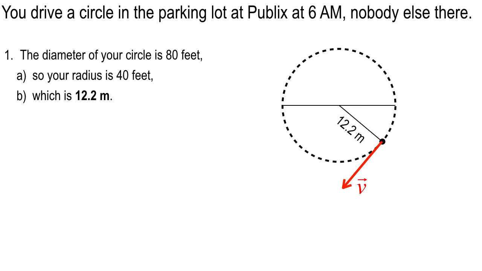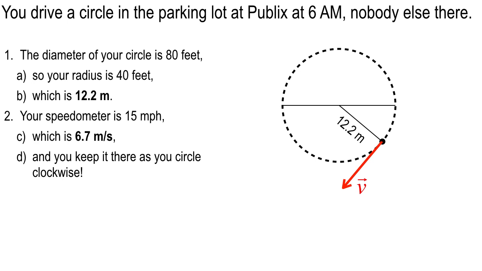Here's my radius. And here's my velocity vector in red. And let's get that velocity and speed squared away. Let's say that you're on cruise control, 15 miles an hour. This is how you do uniform circular motion. It's got to be a circle, and it's got to be constant speed, so cruise control.